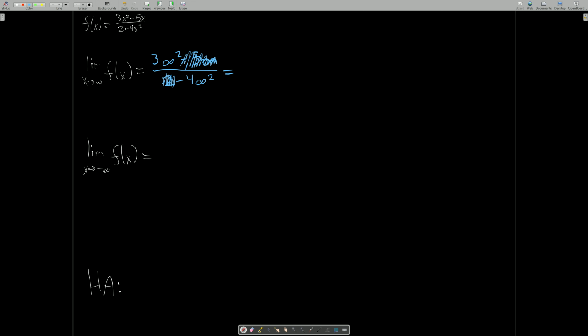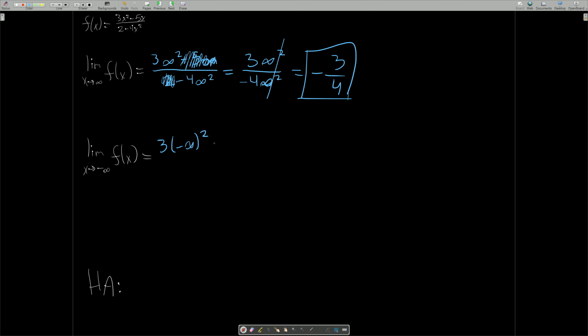That also means basically nothing. In other words, you're only going to take the biggest coefficients and ignore everything else. So you have 3 infinity squared over negative 4 infinity squared. Now this infinity squared on the top and the bottom will cancel out. So you're just left with negative 3/4.